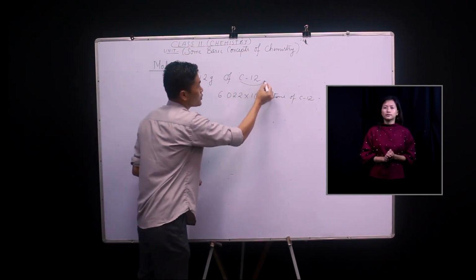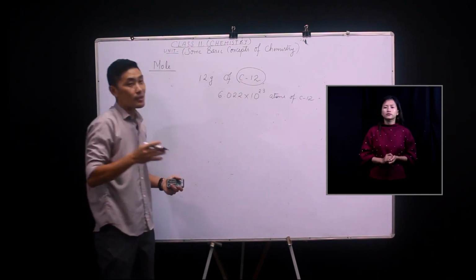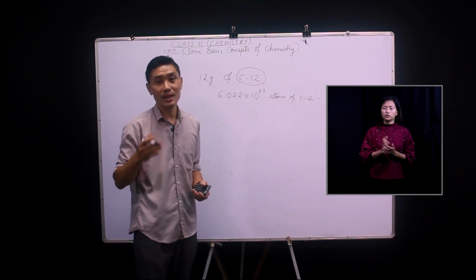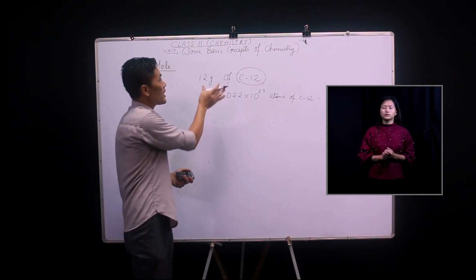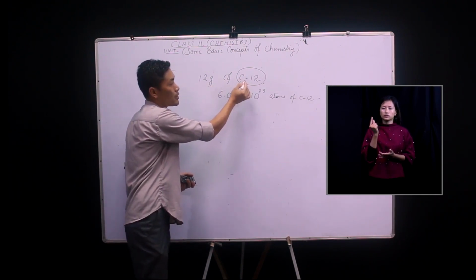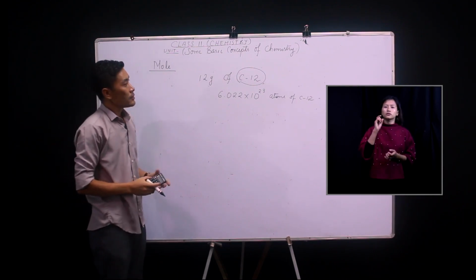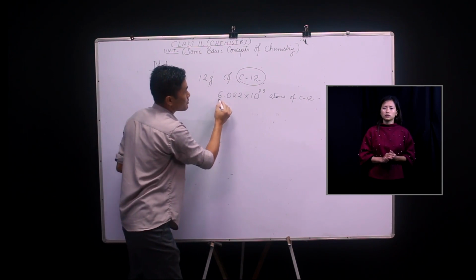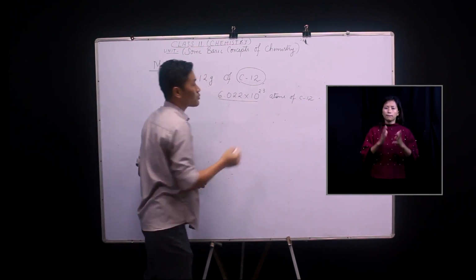I hope you are not confused when I say carbon-12 here. Carbon also has 3 isotopes, carbon-12, carbon-13, and carbon-14. In this case, we are using the mass of carbon-12. So, this 12 grams of carbon-12 contains this much number of atoms of carbon-12.